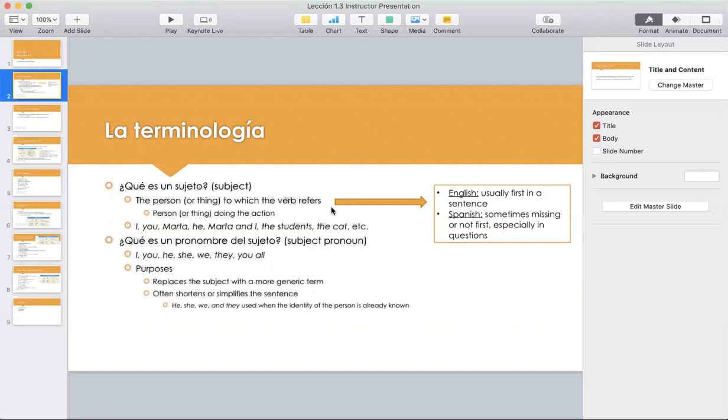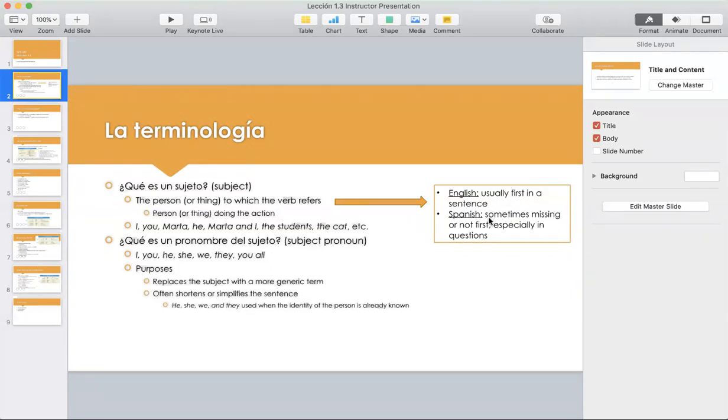What's a subject? The subject is the person or a thing or even an idea or even an animal that the verb refers to. So what is doing the action? Who is doing the action? In English, it's usually first in a sentence.